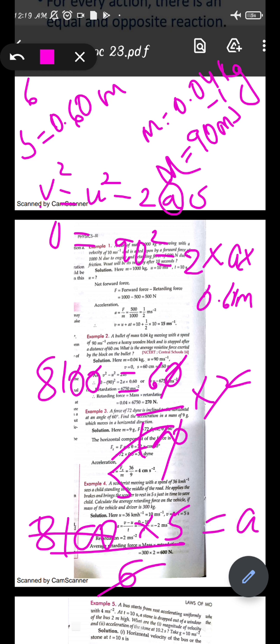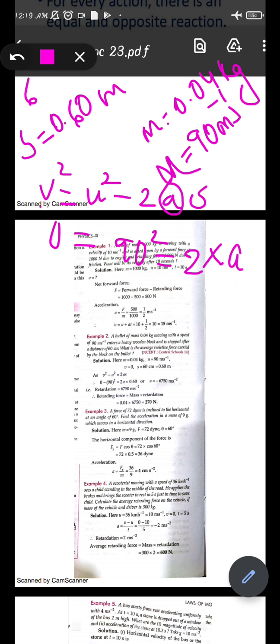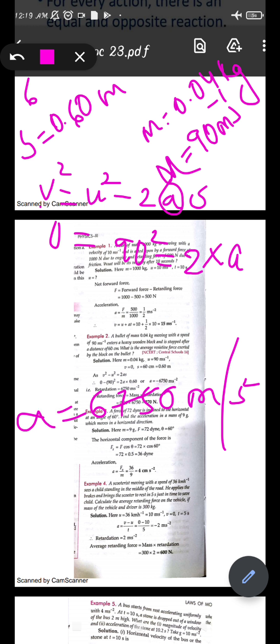So 6 cancels with 3900, and it gives a as 6750 meter per second square. Because it is stopping, this is retardation, so it will be taken as negative.